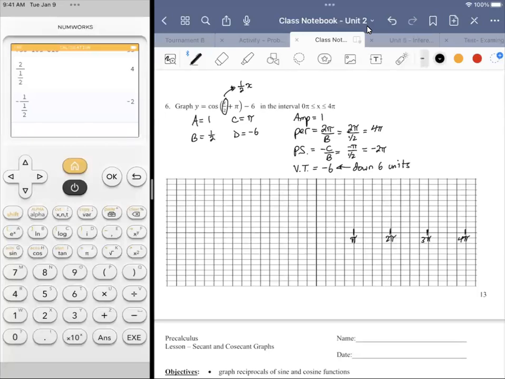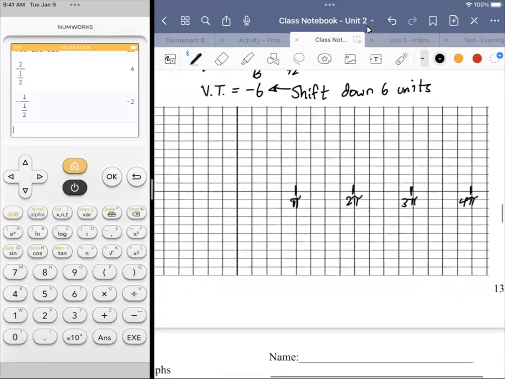So I'm going to go by 1 for my vertical axis because I need to give myself enough room to go down 6 units.